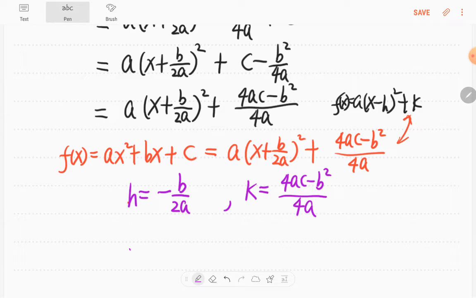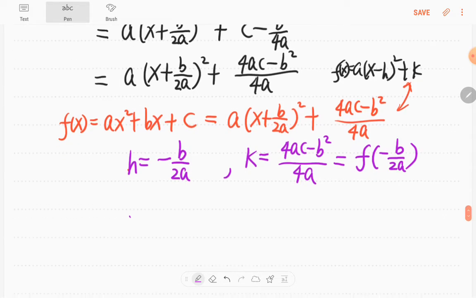We also notice that this k is equal to f of negative b over 2a, because when x equals negative b over 2a, this term would be 0, so only k is left.